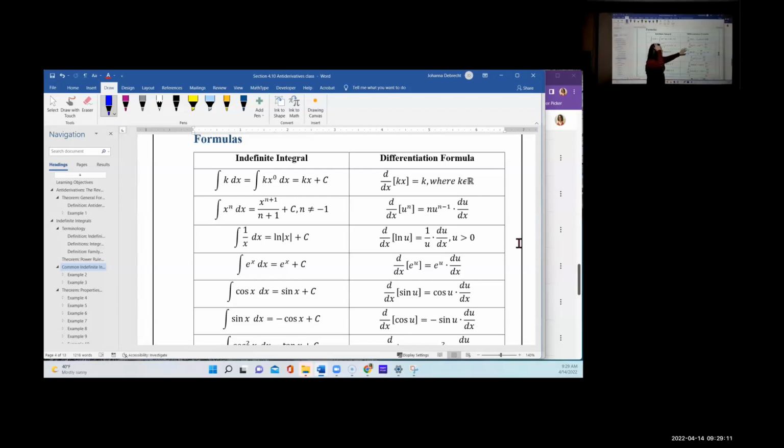So for example, if I take the derivative of some constant times x, like 2x, I get 2. Take the derivative of 2x, you get 2. Well, if I integrate 2 with respect to x, it's going to replace that x, and I'm going to come up with 2x plus a constant.